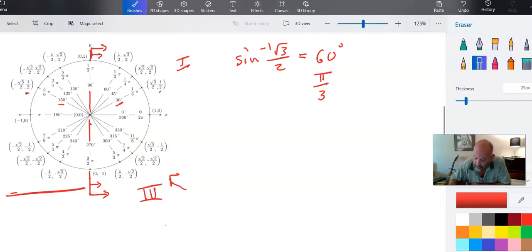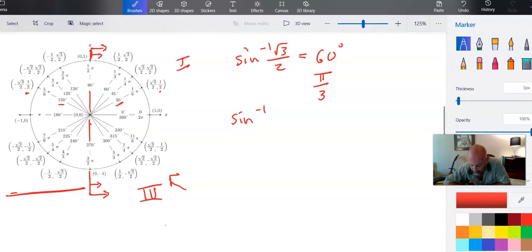So right now, if we're talking about sine inverse, as far as the angles go, all of your outputs are going to be from -pi/2 to pi/2.